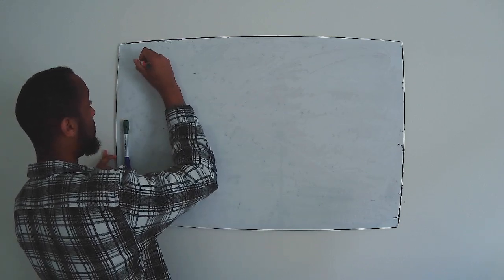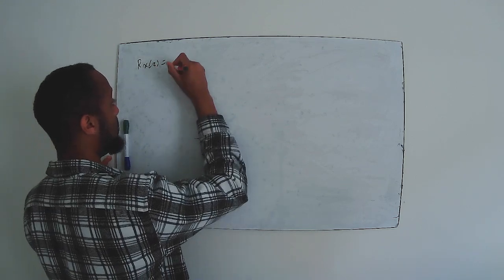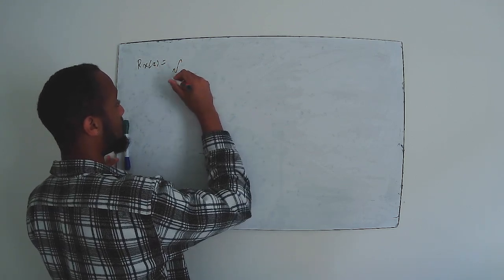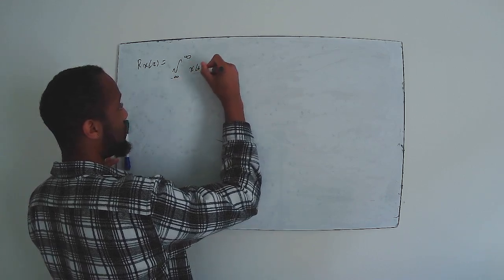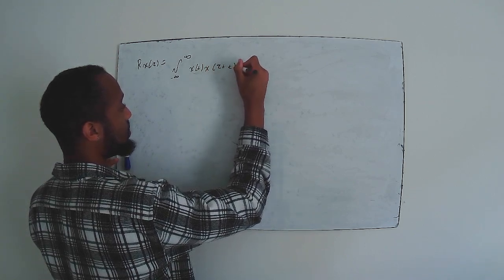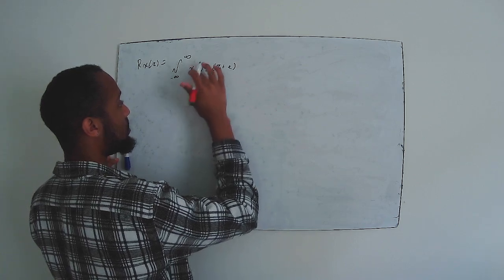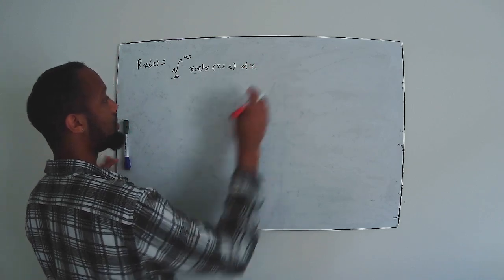Autocorrelation is when you see how well a function is correlated to itself. What I mean by that is take the integral from minus infinity to infinity, I believe, of x of t plus x of tau plus t, for example. This is going to be x of tau with respect to d tau.